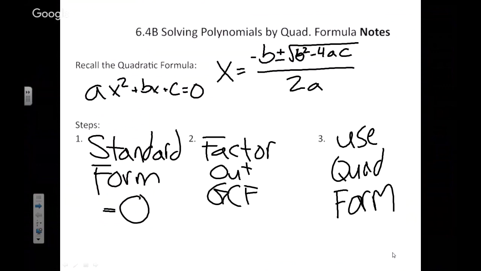So what that looks like is with number 1, which was on your paper: 3x to the third plus 27x equals 0.